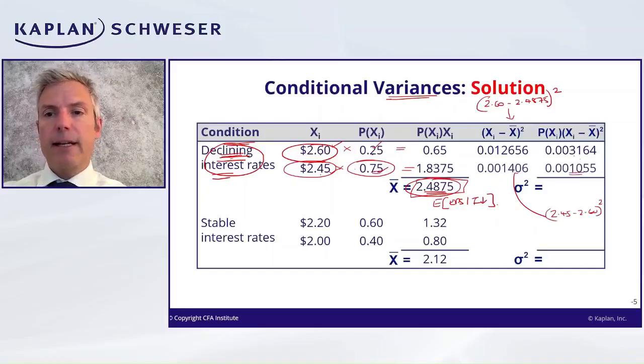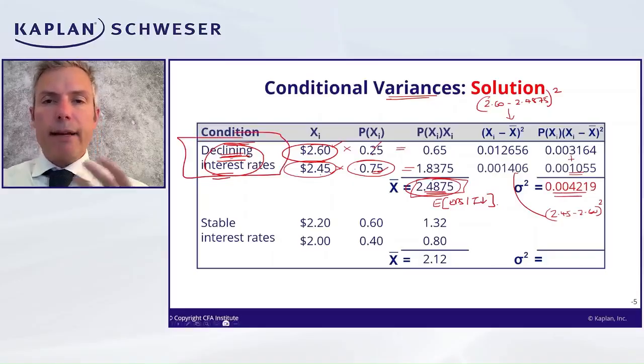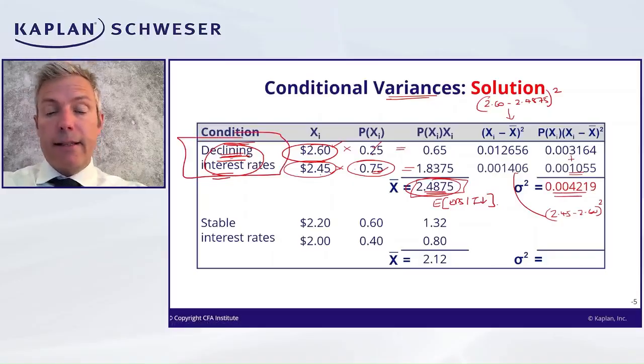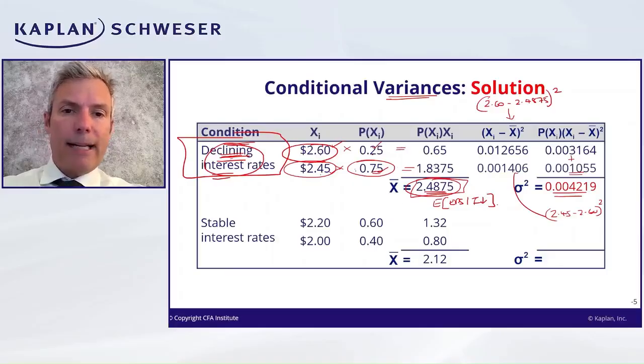It looks about right, doesn't it? Add those two up and you've got your conditional variance in the world where interest rates are declining. So see how that relies on knowing what variance is. It's the same concept: your probability weighted squared deviation from what's expected. You're just thinking about what could happen now relative to your conditional expectation.